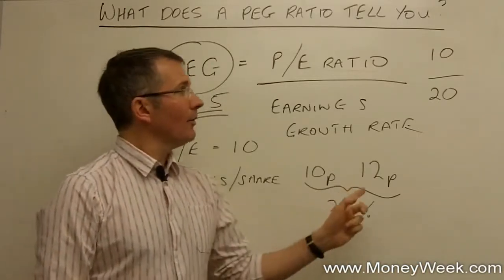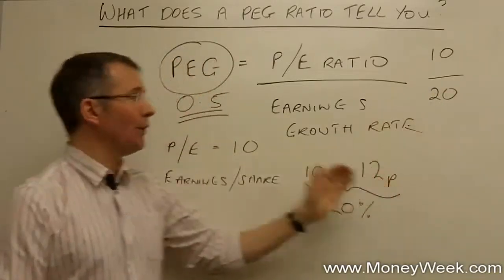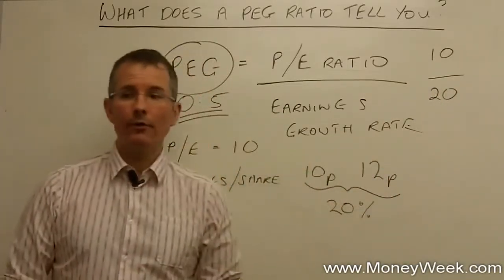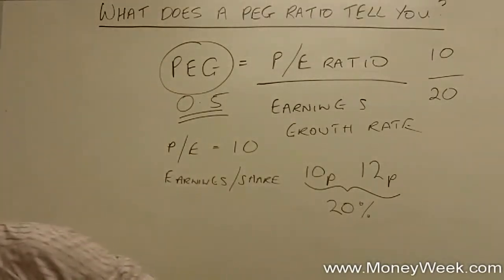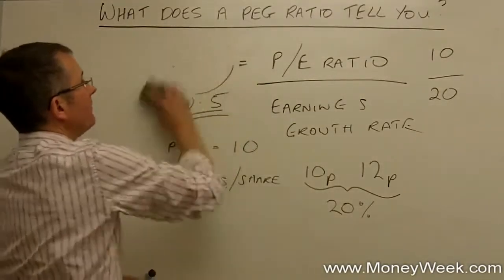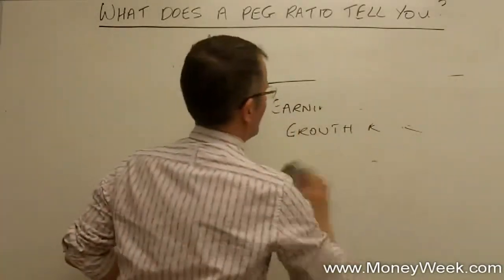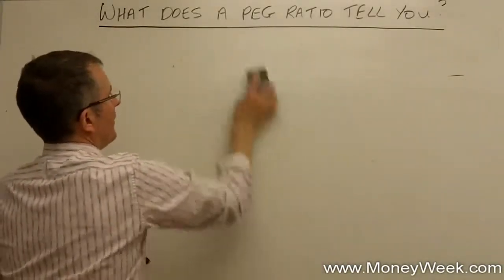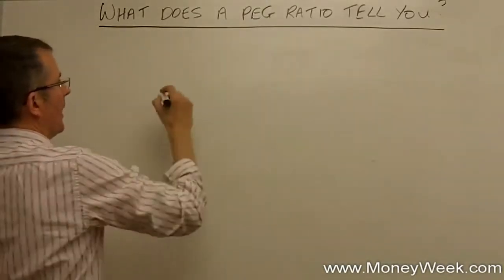Okay, so if I can crunch out an earnings growth rate and I can get to a PEG ratio of 0.5, so what? What does that tell me? Well, fans of the PEG ratio would say that what that reveals is that the share is cheap. In other words, here's a rough summary of how to use it.